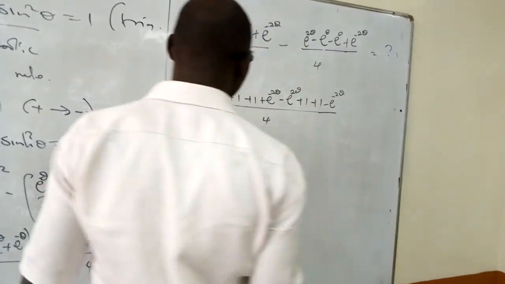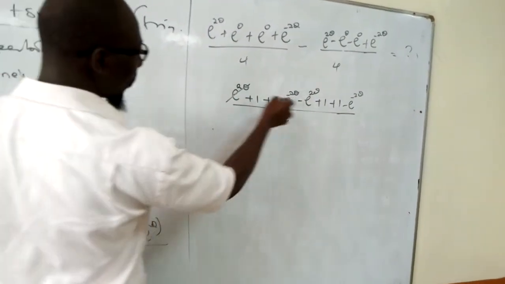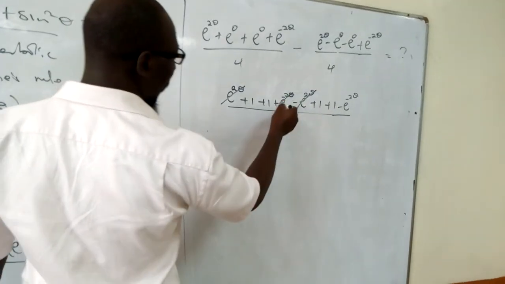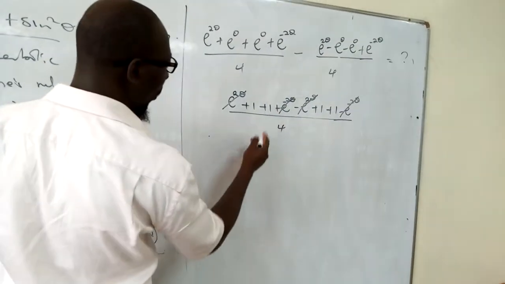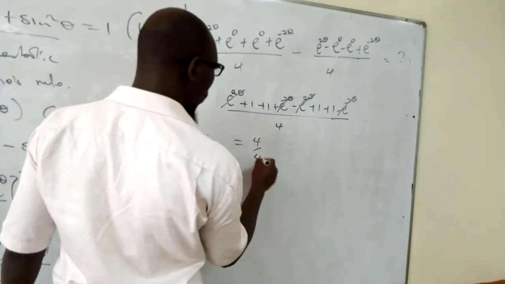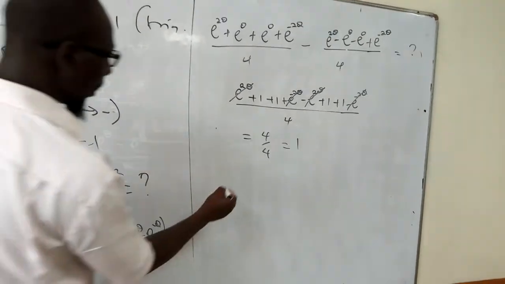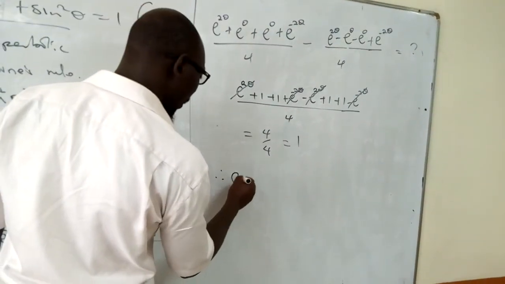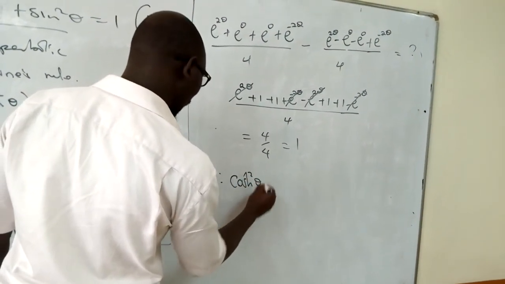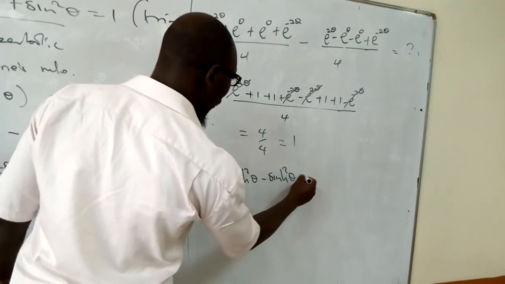So this and this cancel out, this and this cancel out, you end up with 1 plus 1 plus 1 plus 1. That gives us 4 over 4, which is equal to 1. So we have proved that cosh squared theta minus sinh squared theta is equal to 1.